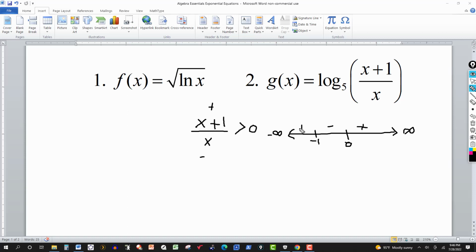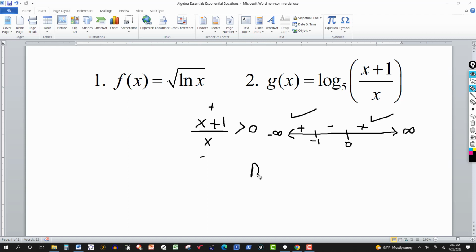So this tells you the sign. If you were graphing this, this would tell you where the graph is. Positive means it's above the x-axis. A negative means it's below the x-axis. Here, we're just concerned about the sign, because we want this quantity to be positive. So it's positive in those intervals.